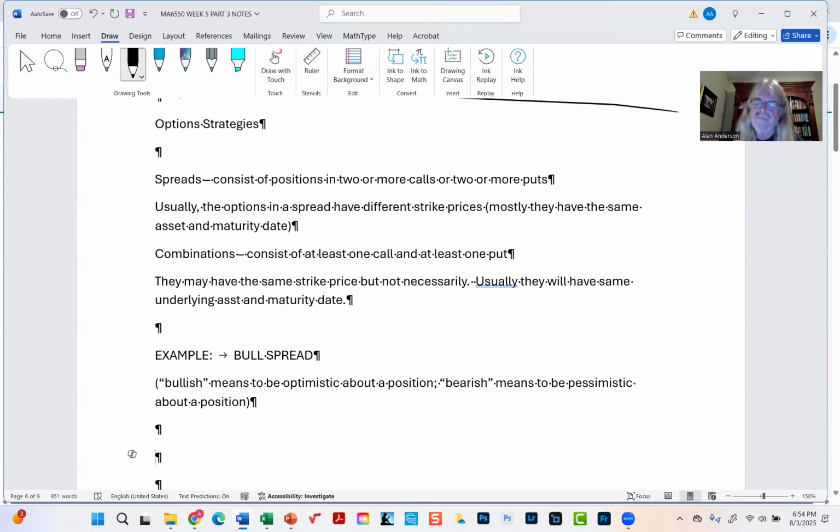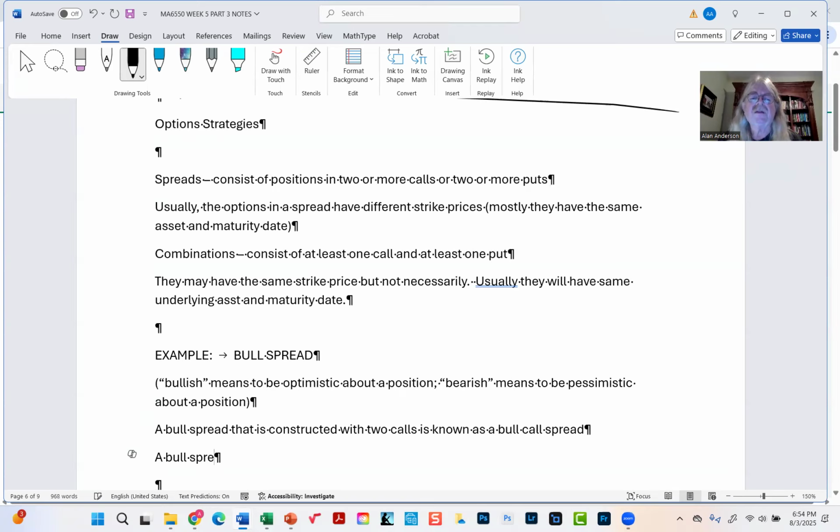So notice this is the reason why it's called this. Now, a bull spread is constructed by buying a call. Oh, I almost forgot to mention this. A bull spread that is constructed with two calls is known, as you can probably imagine, as a bull call spread. Just so you know which one it is.